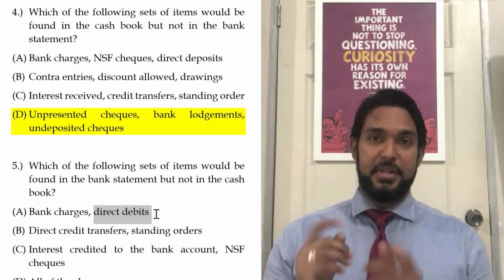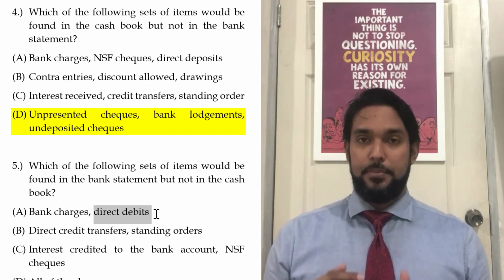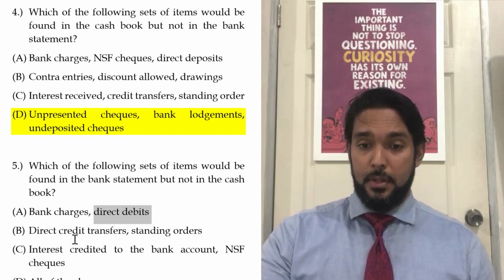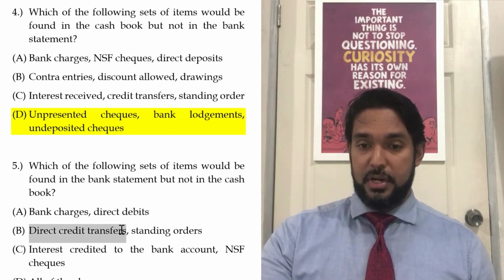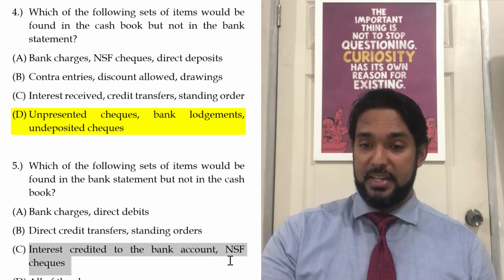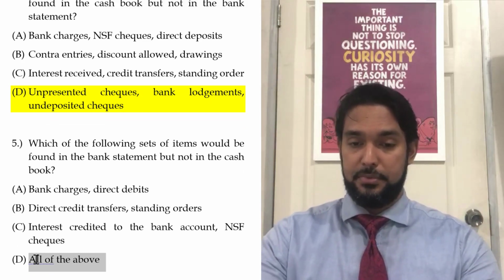Instead of somebody putting money in our account, it's like we make an online transfer out, or there was somebody we gave permission to deduct money from our account. We talked about direct credit transfers and standing orders just now. We also talked about interest credited to the bank account and NSF checks. So the answer here is actually all of the above.